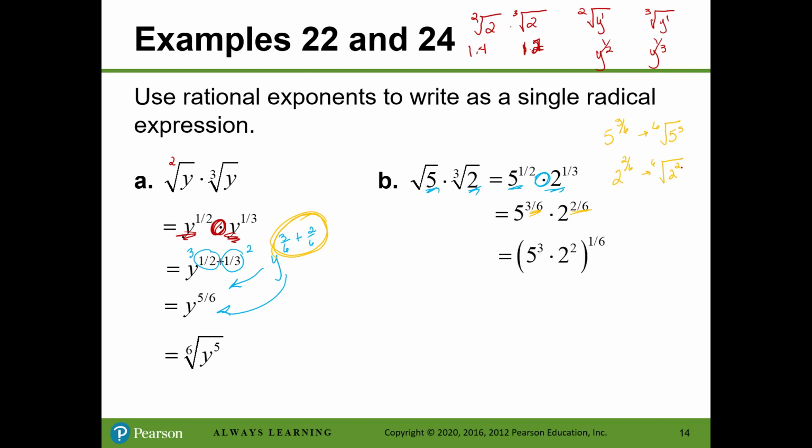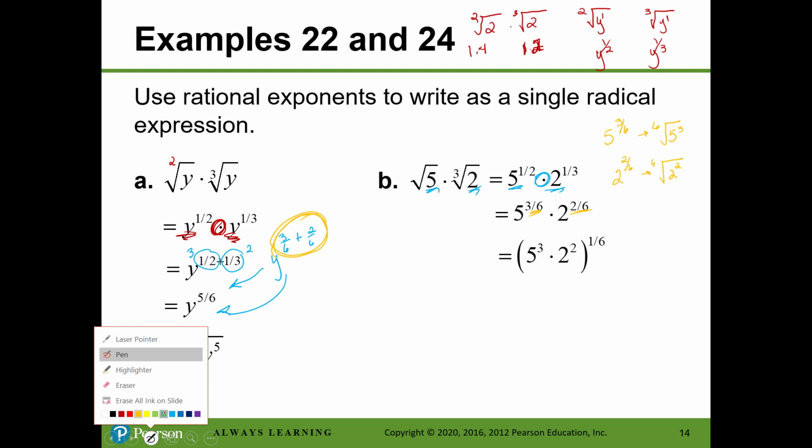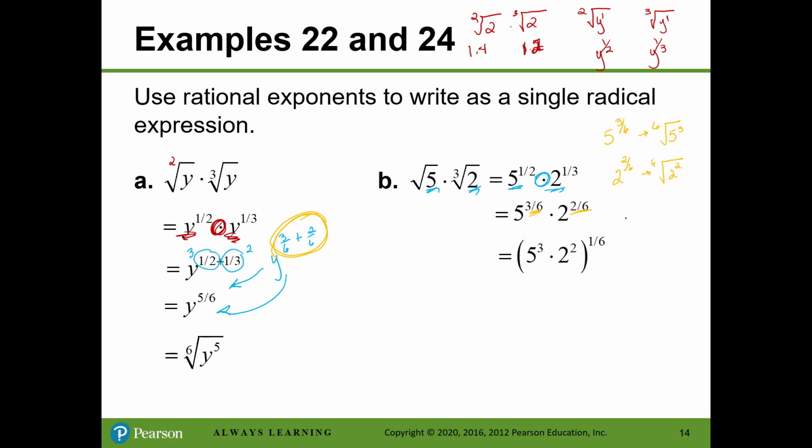So, they're doing it a little bit differently, but that's okay, because notice I have the 6th root of 5 to the 3rd, now times the 6th root of 2 squared, right? Since the roots are the same, I can now multiply 5 to the 3rd times 2 squared. So this is the only step that's different than from what we did. But we ended up right here at the same step.